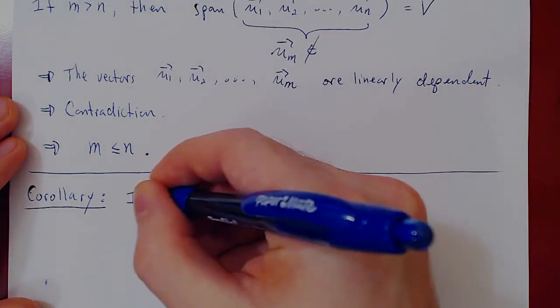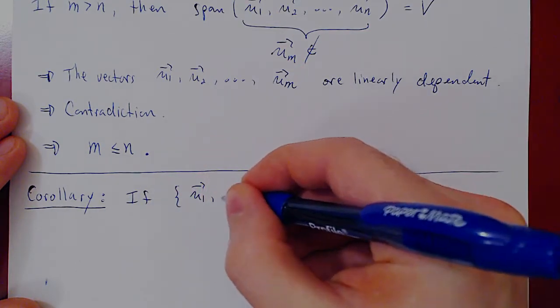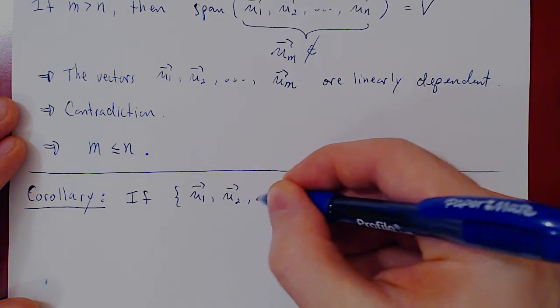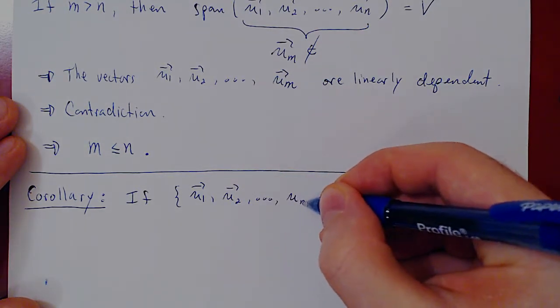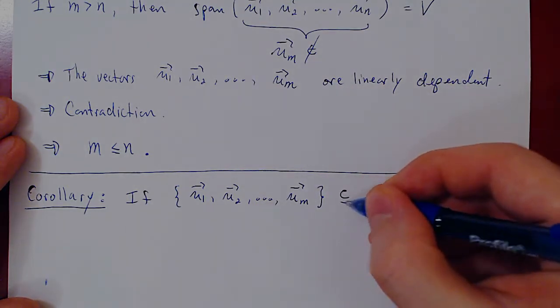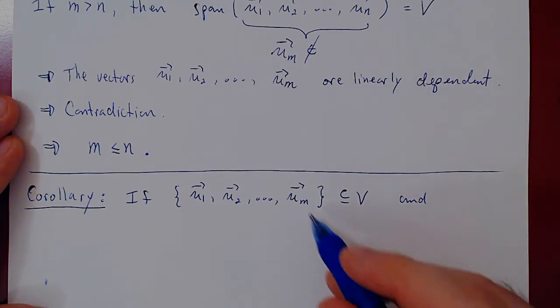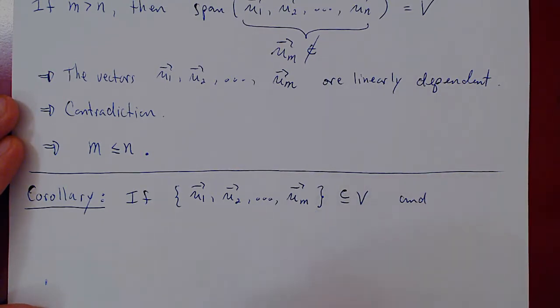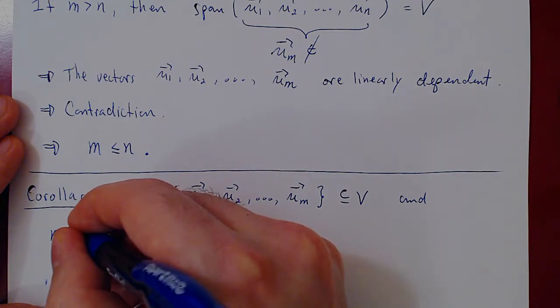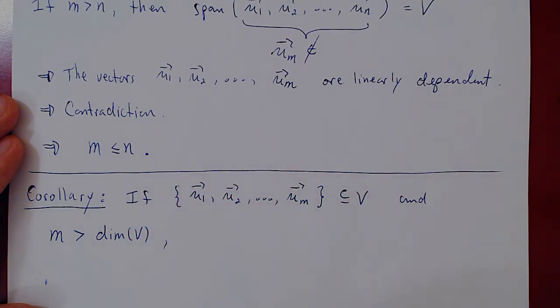So say if the vectors u1, u2 up to um are all inside the vector space V. So therefore, as a set, this is a subset of V. And assume that we have more vectors than the dimension of V. So an m is strictly greater than the dimension of V. The conclusion is that these vectors must be linearly dependent.